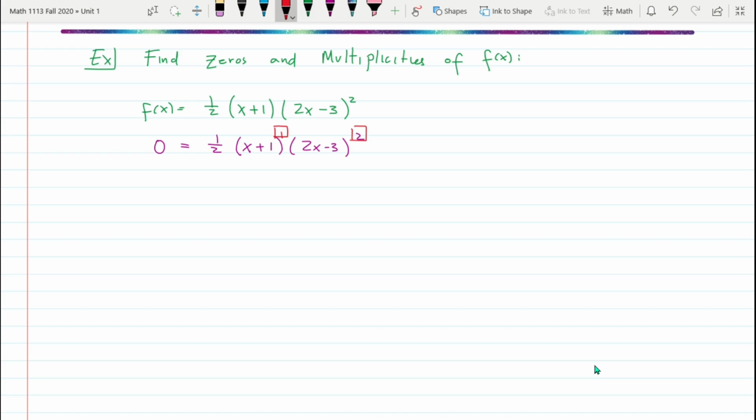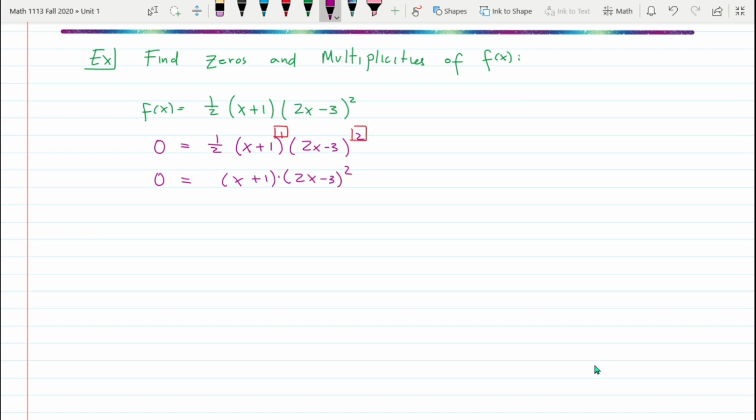So if we set this equal to 0, we want to get rid of that coefficient. So if we multiply everything by 2, then we get 0 is equal to x plus 1 times 2x minus 3 to the second power.